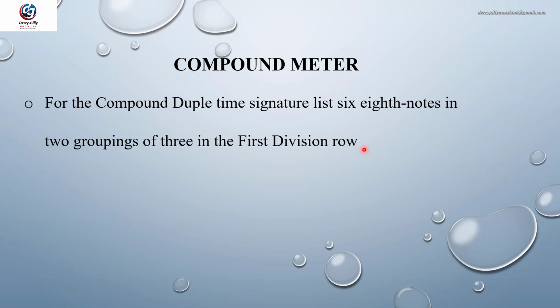And then in compound meter, the written time signature represents the level of first division and not the pulse. Remember this. In order to find the pulse value in a compound time signature, we use the time signature table.